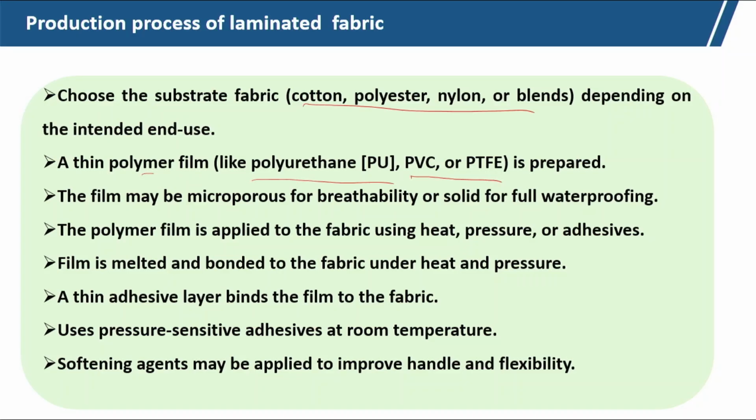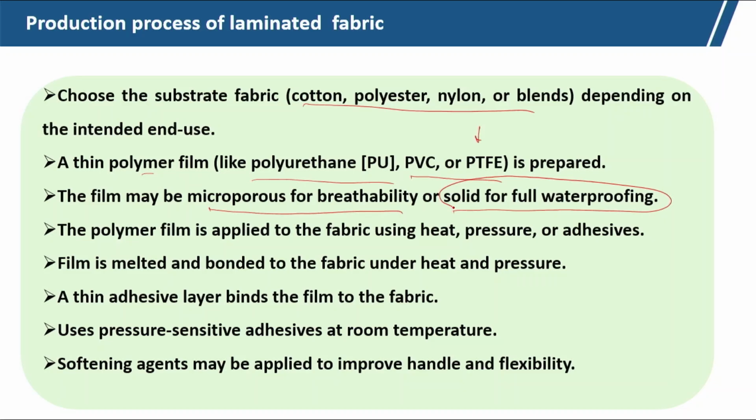These films are normally waterproof, but they have pores, so they are breathable and moisture can flow through them. The film may be microporous for breathability or solid for full waterproofing.